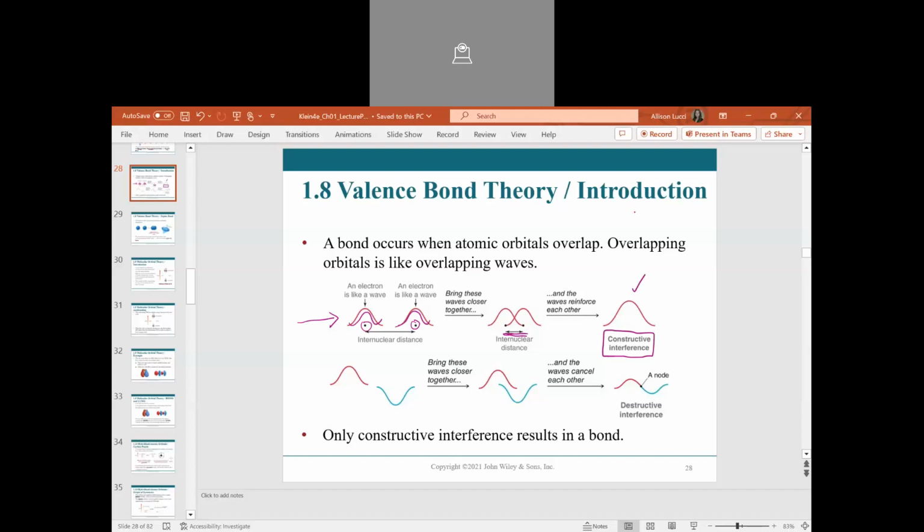Down here we see the destructive interference that results. These two electrons were oriented in a way that their waves had destructive interference that resulted in a node formed. We would not see a bond here, only a bond with constructive interference.